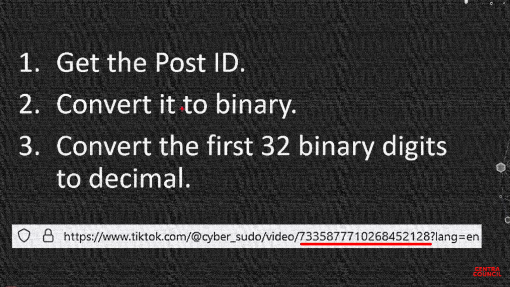So we take this decimal and convert it to binary, which gives us those ones and zeros, usually 50 or more. Then we take the first 32 of them and convert those binary digits to decimal. So that's it. All right, so let's try that first.